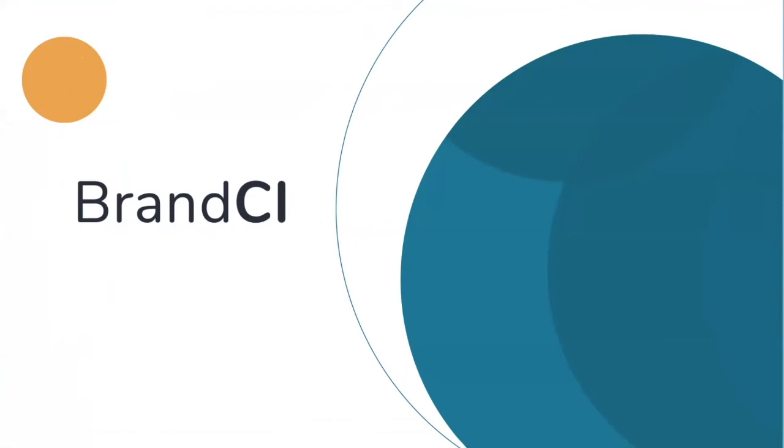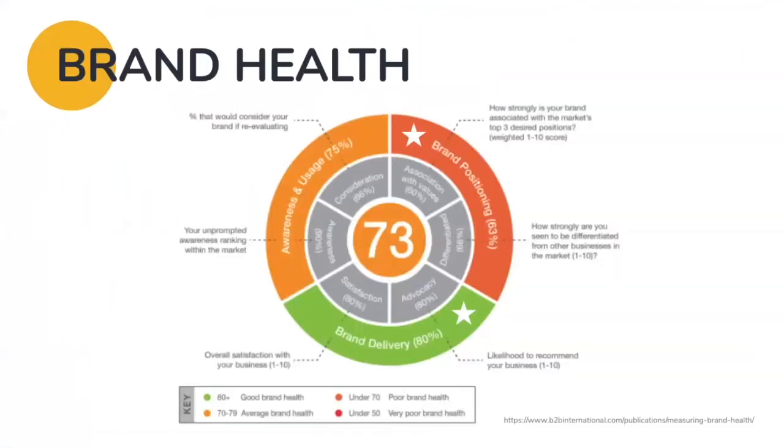Brand CI here means brand competitive intelligence, which we got the idea from a marketing theory that there is a brand health view that most brand managers use to monitor their brand. And there are 2 points that we use in our platform, which are brand positioning and brand delivery.